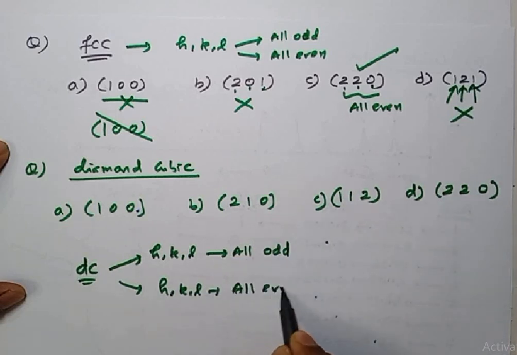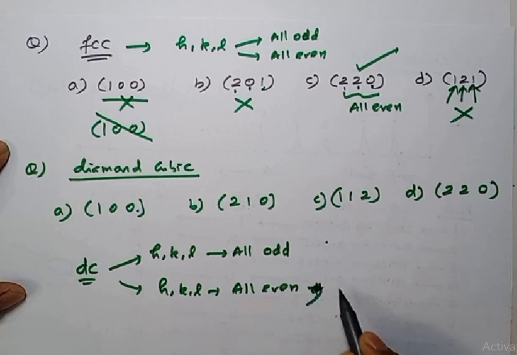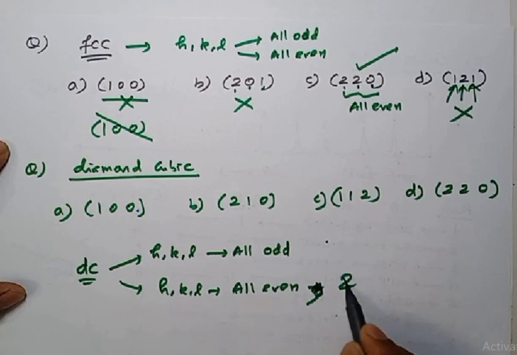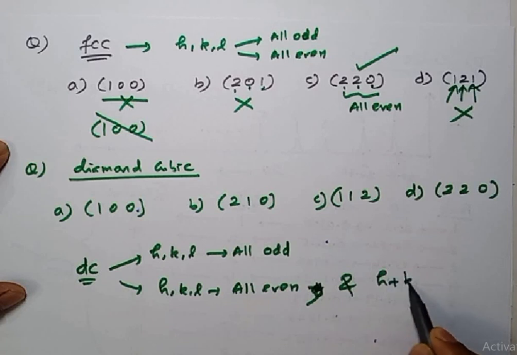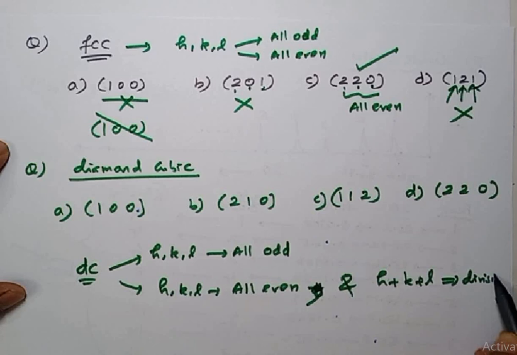But if all the values are even, one more condition we have to see. Let me write here: H plus K plus L should be divisible by 4.